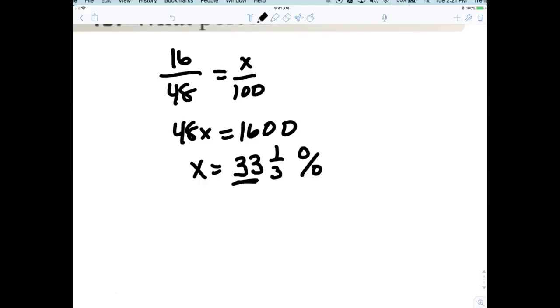Because remember, we said 0.3 repeating is the same as 3 over 9, which reduces to 1/3.